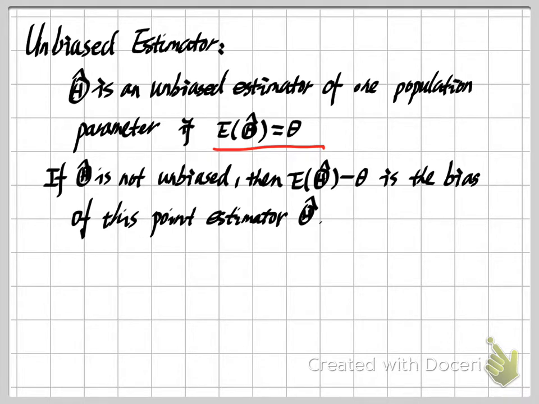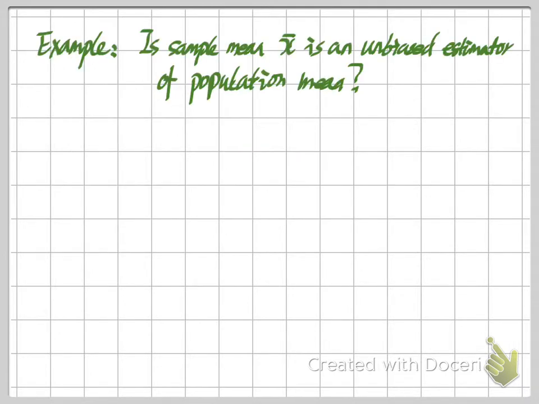Okay, so now maybe you think there are so many things, estimator and sigma, some Greek letters, it looks so complicated. Let me use one example to explain this. So let's look at this example. We want to check whether using the sample mean as a point estimator of our population mean is an unbiased estimator or a biased estimator.